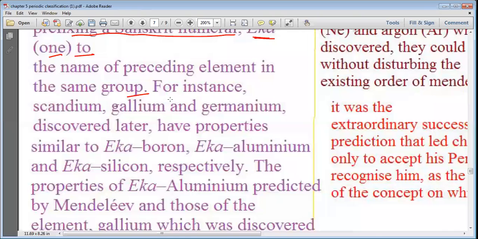This eka word he actually gave for scandium, gallium, and germanium.